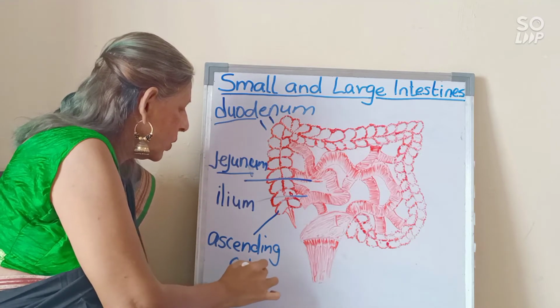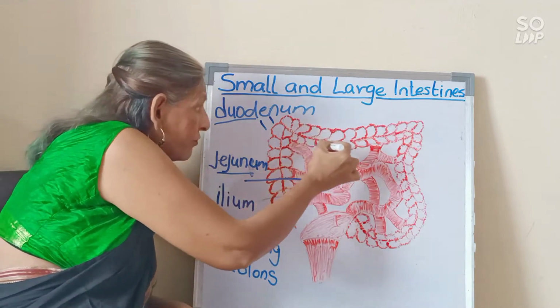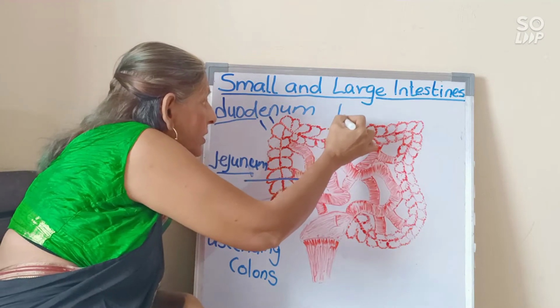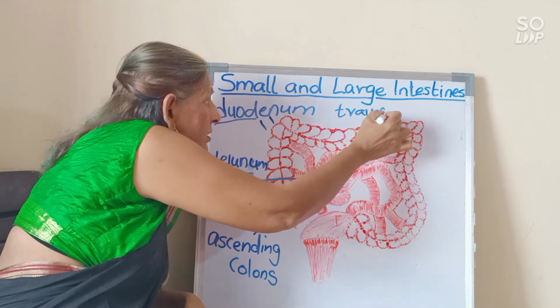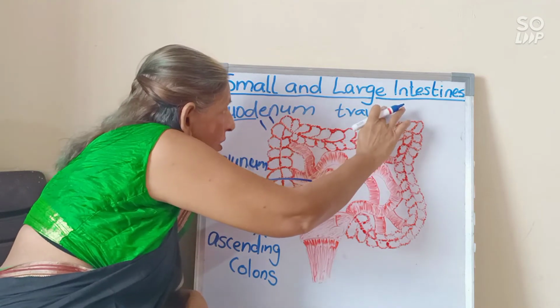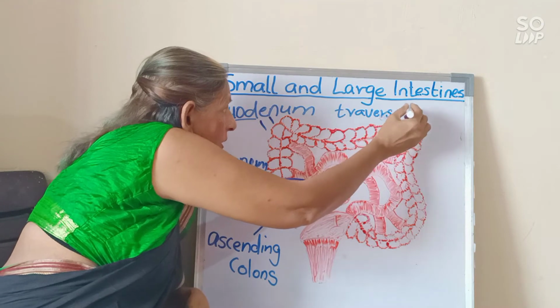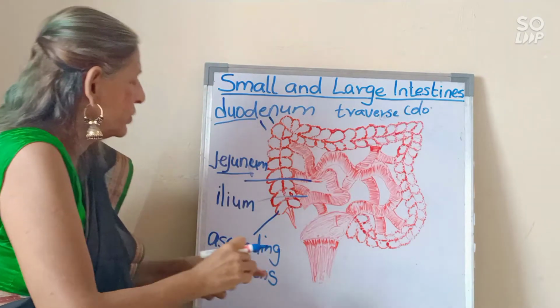Ascending colons. These colons which are going from this side to that side are called the transverse colons.